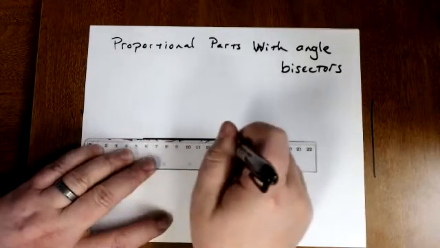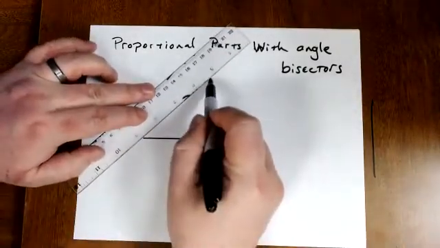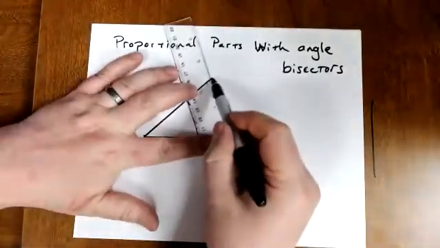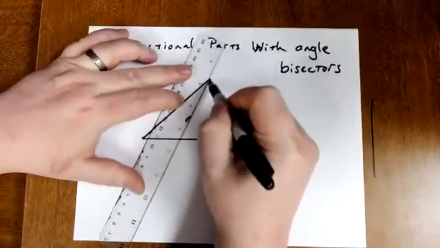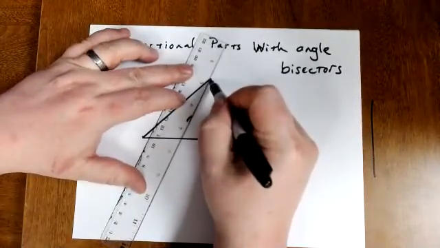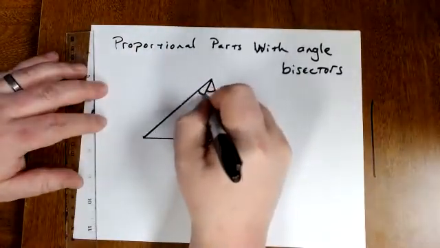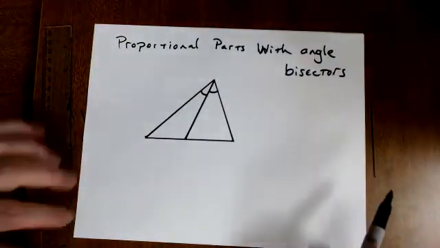They look, okay, start with a triangle. And from one of the corners, split the angle in half. Okay, so here's this angle bisector.